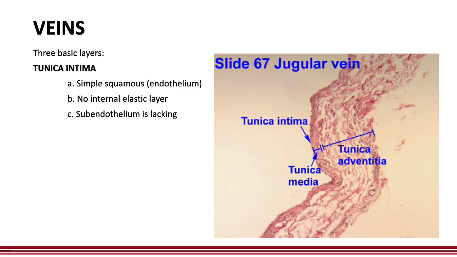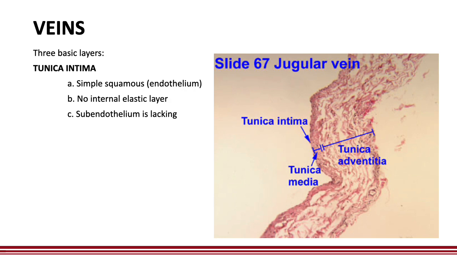Now the veins are also composed of three layers with similar names: tunica intima, media, and adventitia. Okay, they're lined by the same lining epithelia and same components. So the tunica intima is composed of an endothelium.